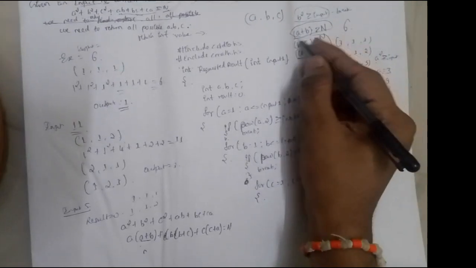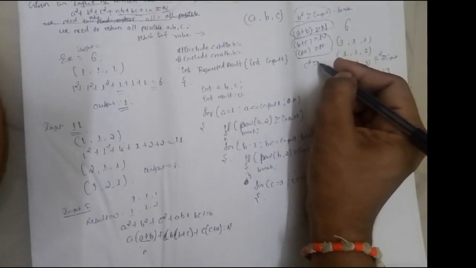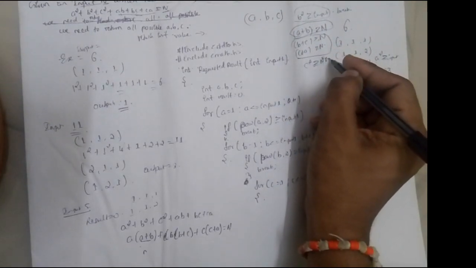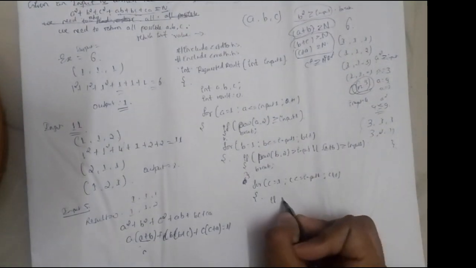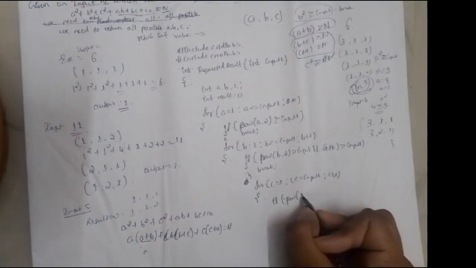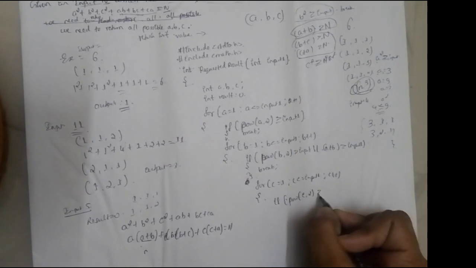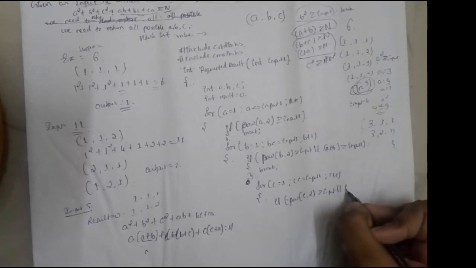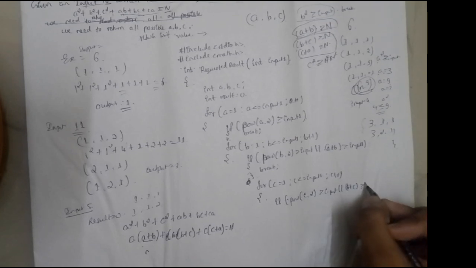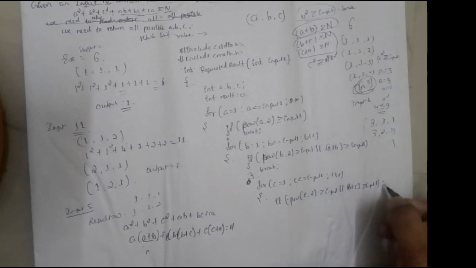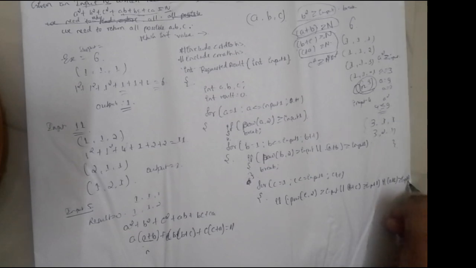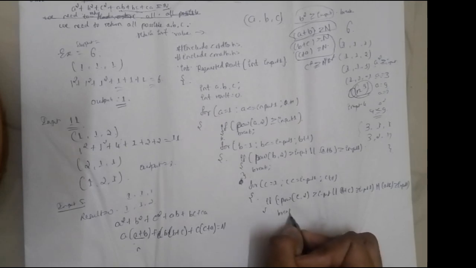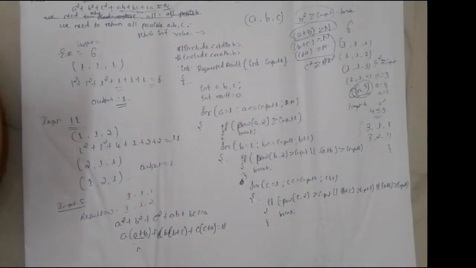Similarly, add these three constraints also: if power of c square is greater than or equal to input, or b plus c is greater than or equal to input 1, or a plus c is greater than or equal to input 1, then we need to break.